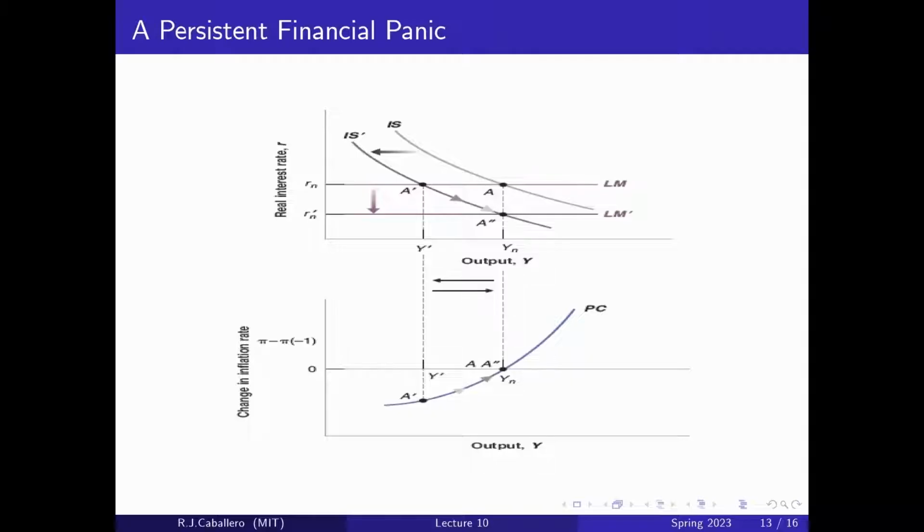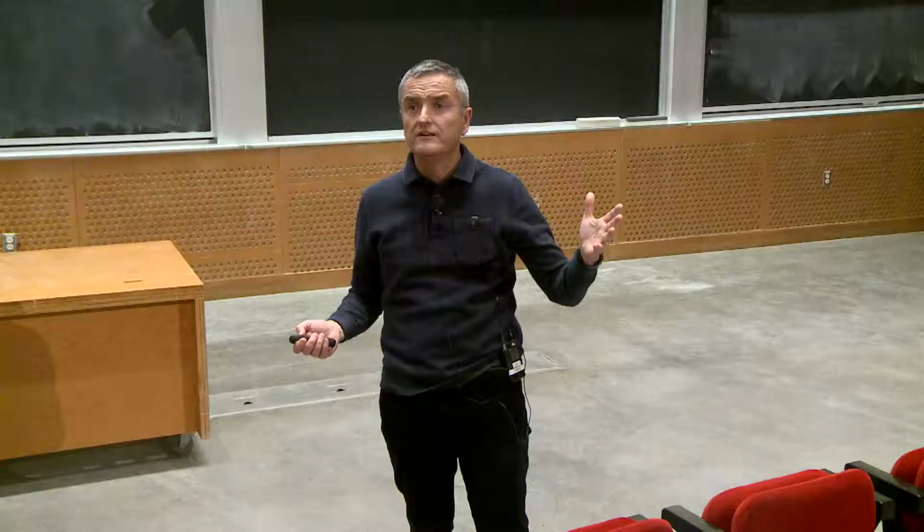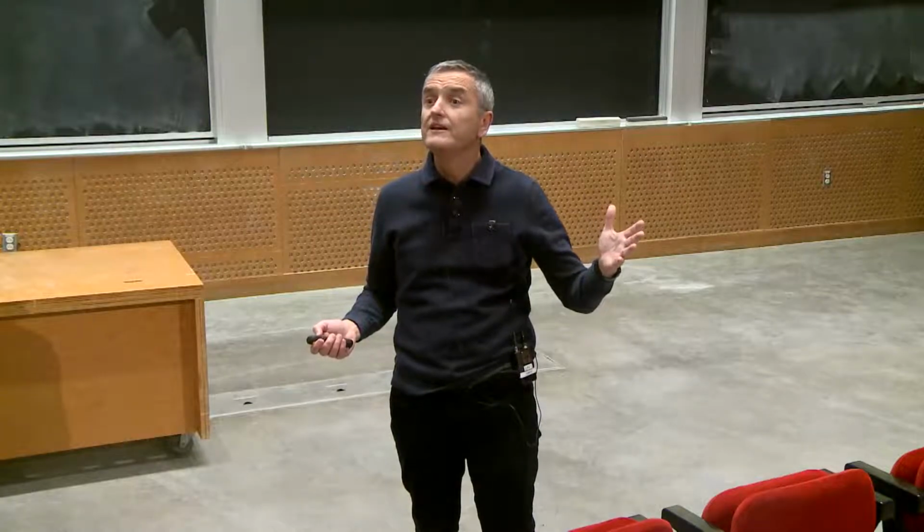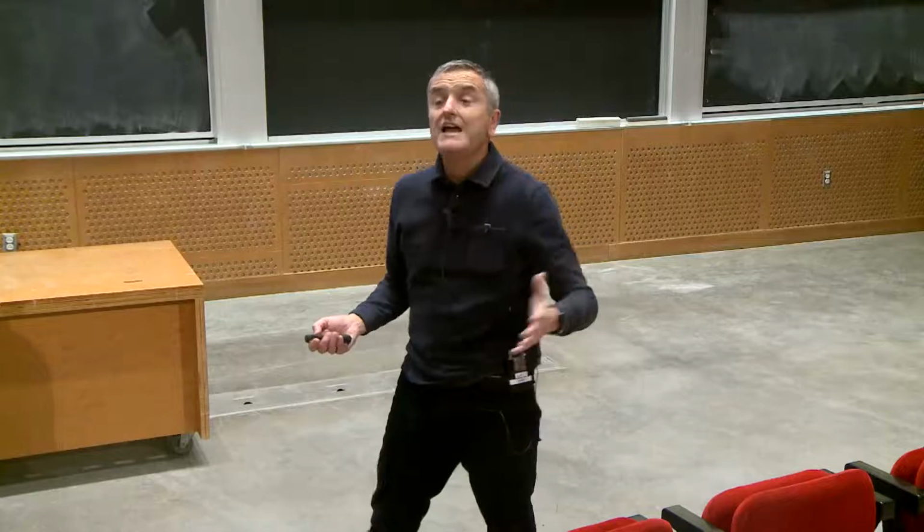Why is that? For any given level of the safe real interest rate, a panic, a shock to credit and so on, moves the IS to the left. Why is that? Exactly.